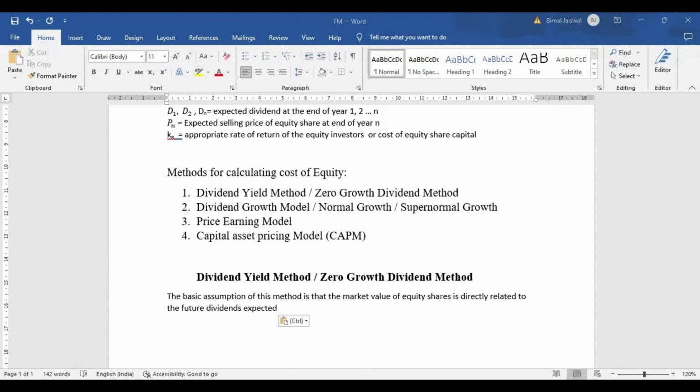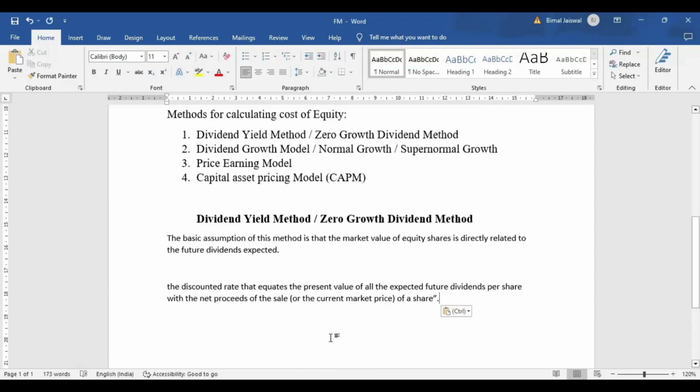For calculating the cost of equity, the simple version is the discount rate that equates the present value of all the expected future dividends per share with the net proceeds.